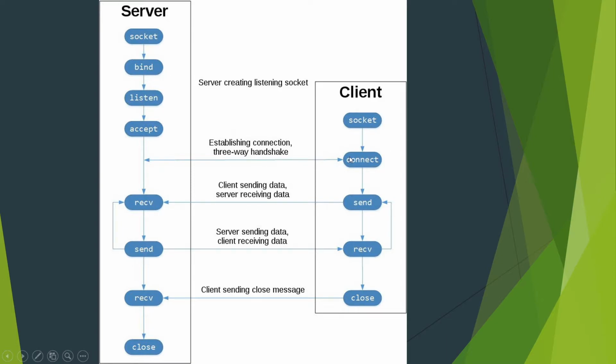Whenever there is an incoming connection from the client, the server calls the accept function. Up to here the TCP three-way handshake is completed. As you know, the TCP three-way handshake is SYN, SYN+ACK and ACK. Now from here onwards we can start sending messages to and fro.